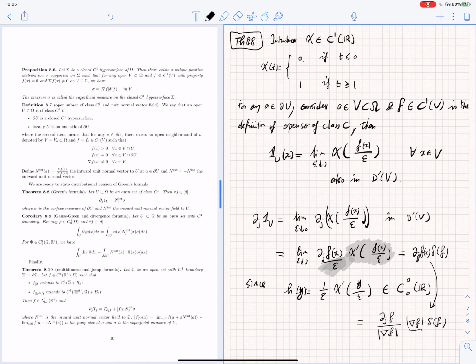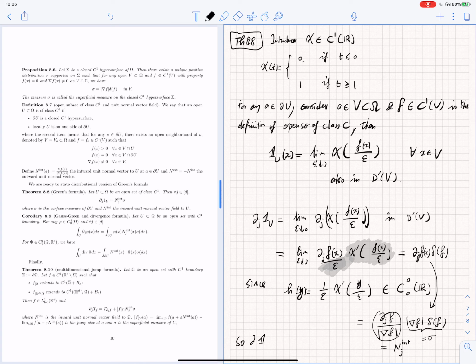We recognize that this is nothing but a surface measure. And this is nothing but the j-th component of the inward unit normal vector field. And this is almost the result. This shows that we have this identity in the set.